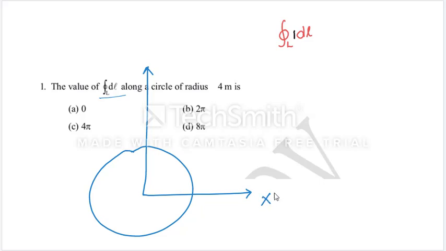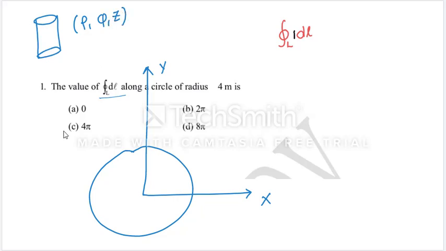Now this is my x-axis and this is my y-axis. Can I call this circle a cylinder, isn't it? For a cylinder we have it like this. What are the parameters in the cylindrical system? Rho, phi, z.